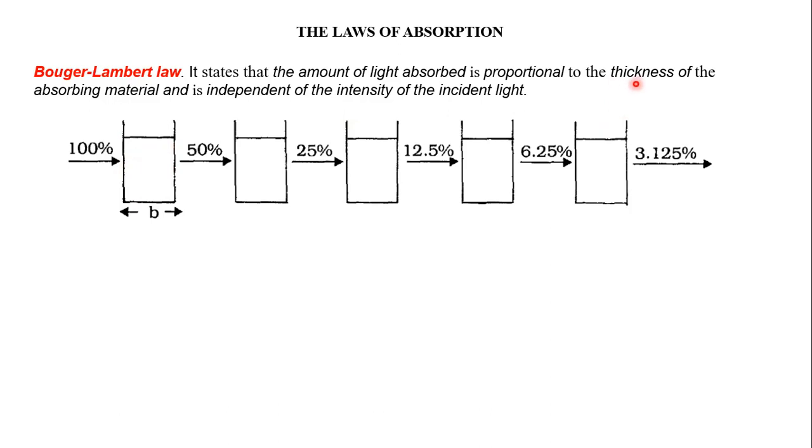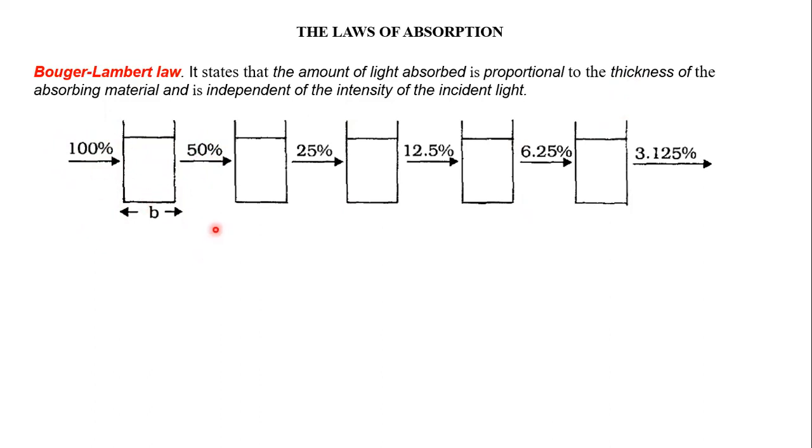So the thickness is also referred to as path length, if you might have already heard about it. The concept goes like this: if there is an absorption of 50% of light, then if the incident light is 100%, when you allow it to pass through something, what comes out is 50%, and so on and so forth.